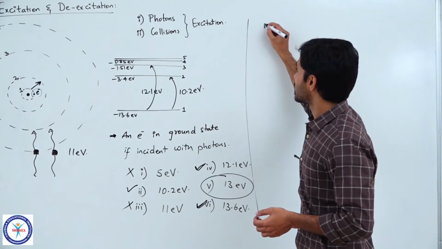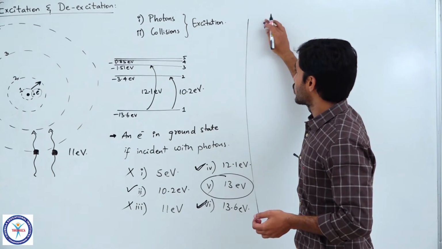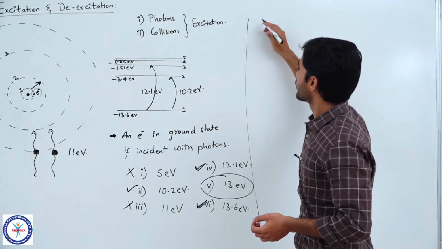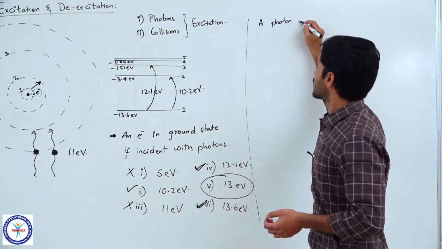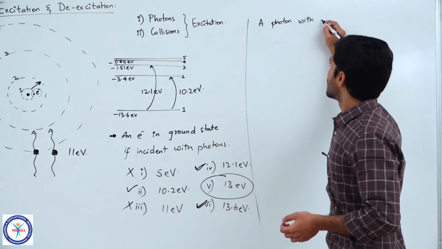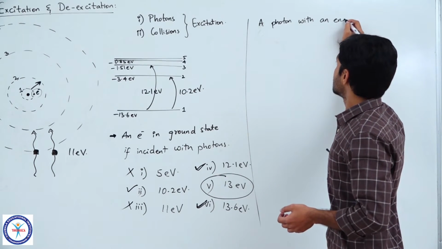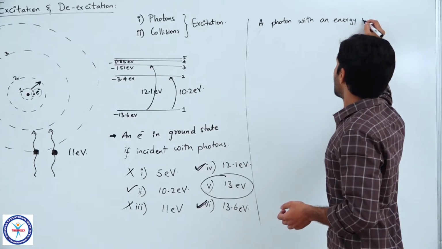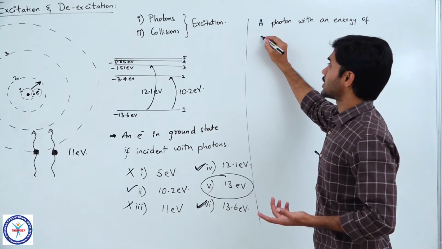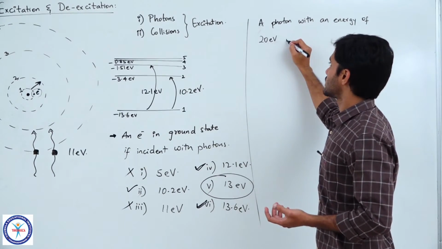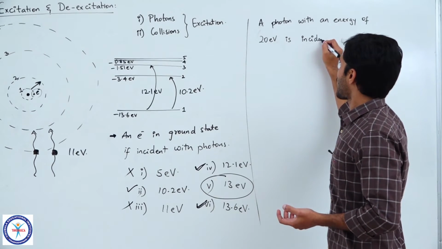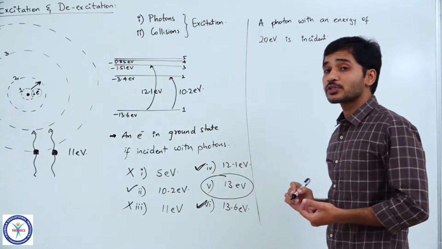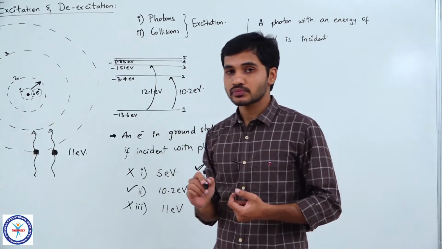So, for example, let us say a photon with an energy of, let us say, some 20 electron volts is incident. Okay, can you guess what might happen in this case?